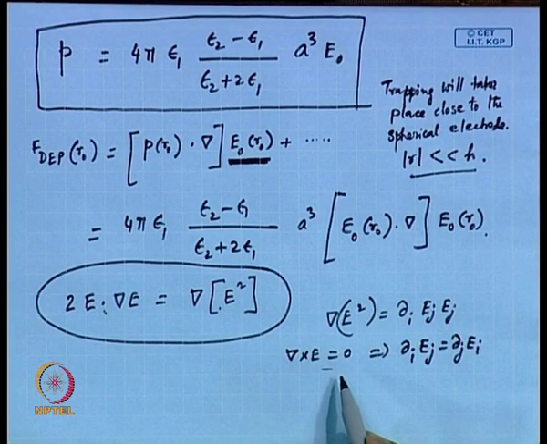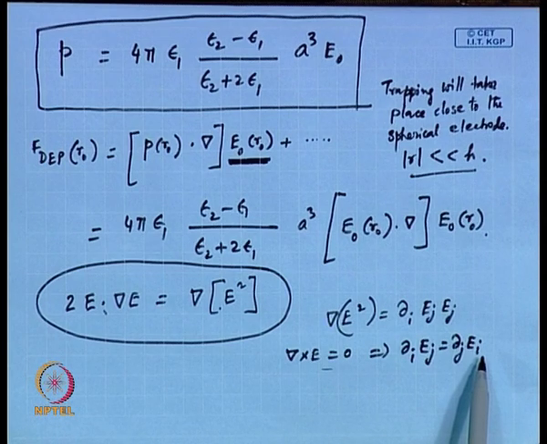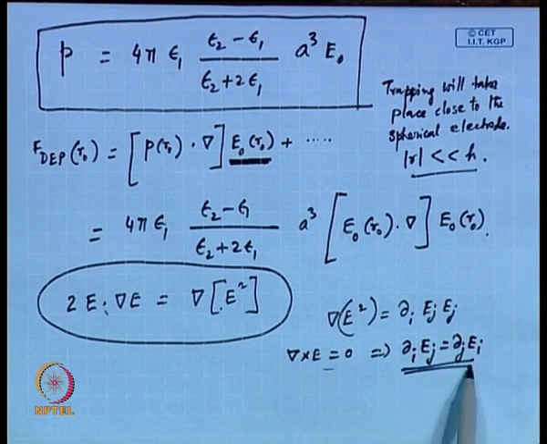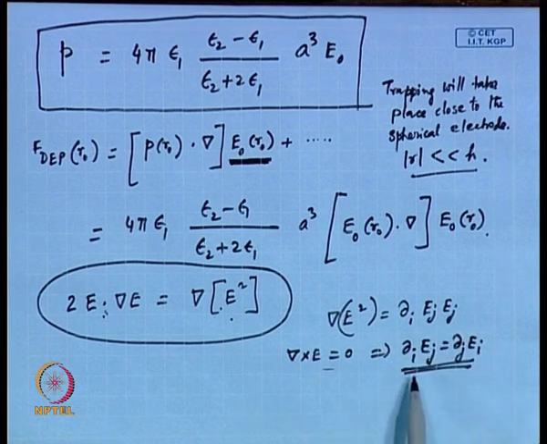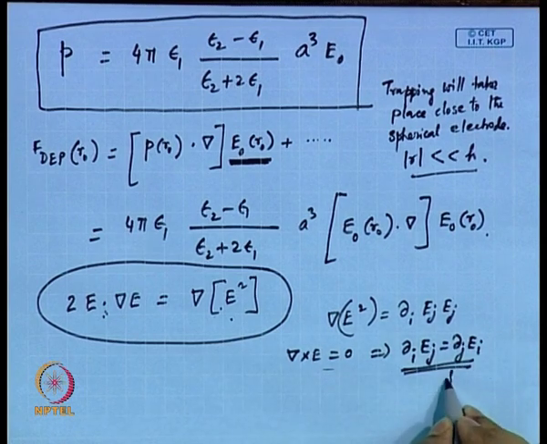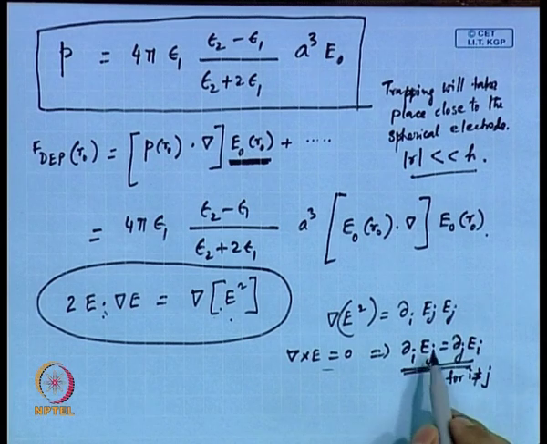If del cross E is equal to 0, that means this has to be satisfied. And if this is satisfied, then only you can equate the left hand side with the right hand side, because the right hand side is basically this quantity. So, other cross terms can be taken off, this thing is for i not equal to j.